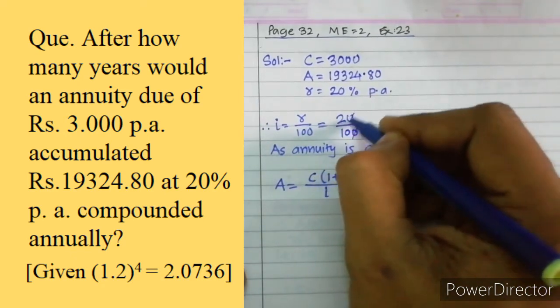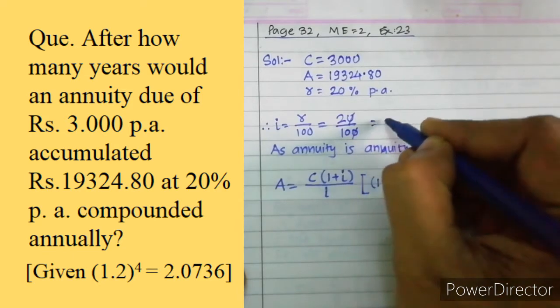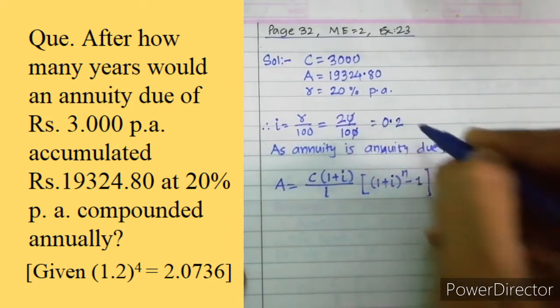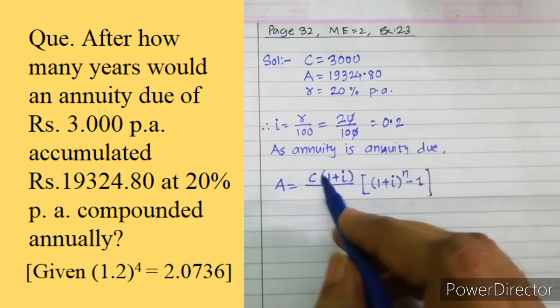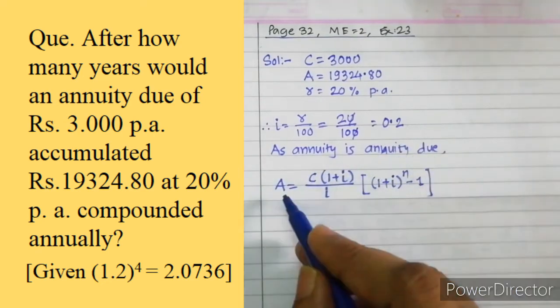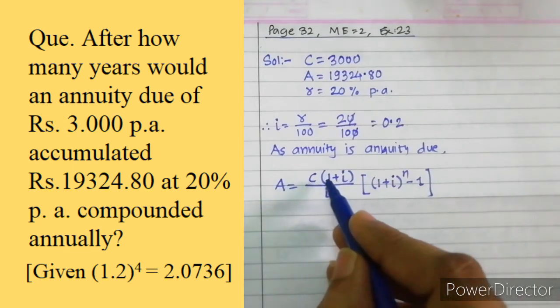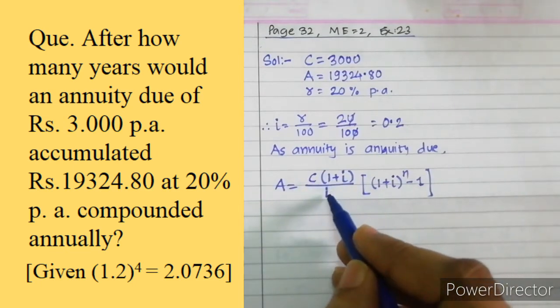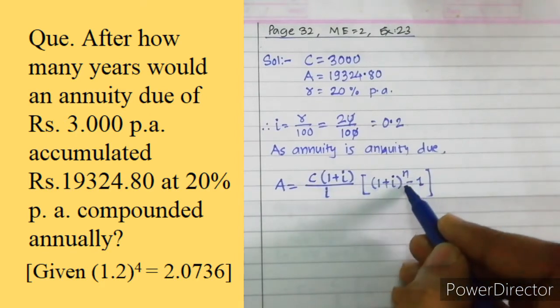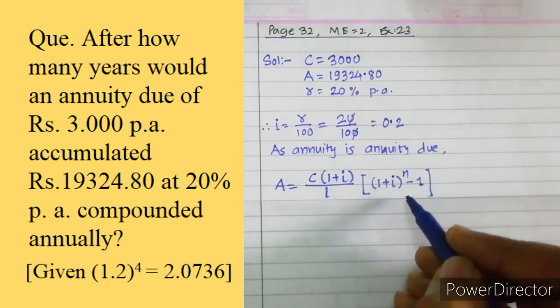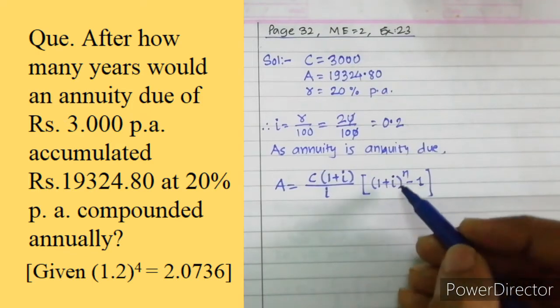If you cancel out this 0, you will get 0.2. Now it is given as annuity due. Therefore, we will use this formula: C into (1 plus I) upon I into bracket (1 plus I) raised to n minus 1. We have to find out the value of n.